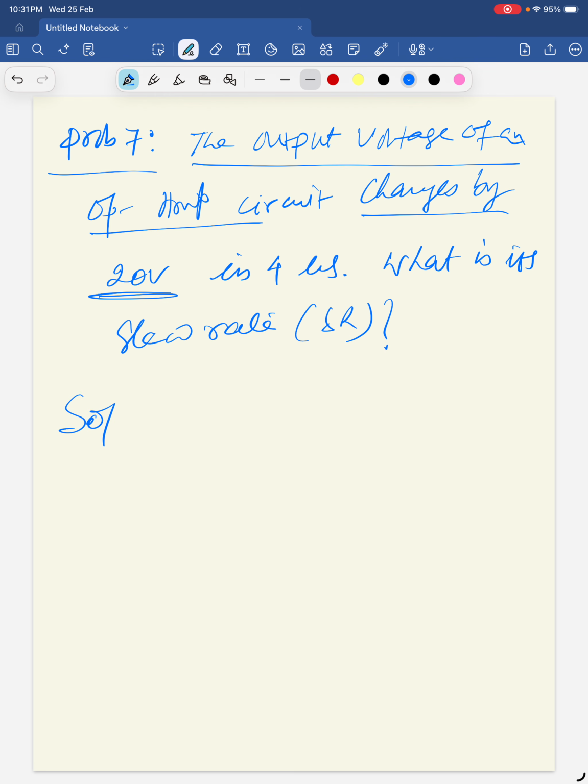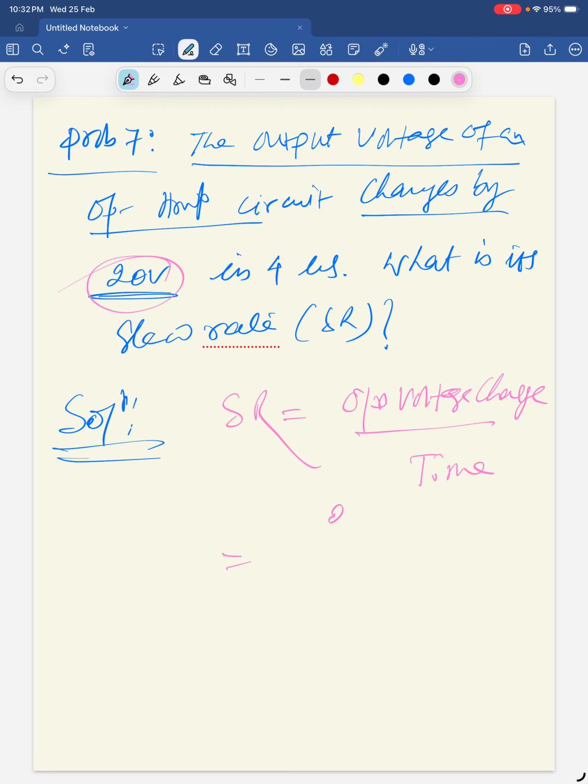So solution. What we know is that slew rate is equal to output voltage change divided by time. Output voltage change is 20 volt, so write 20 volt divided by time, 4 microsecond. So 5 volt per microsecond.